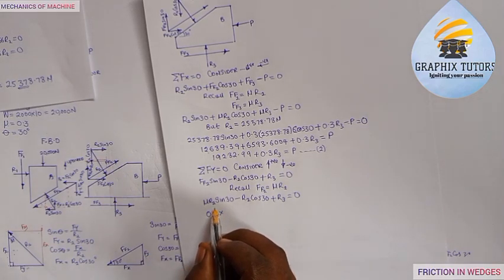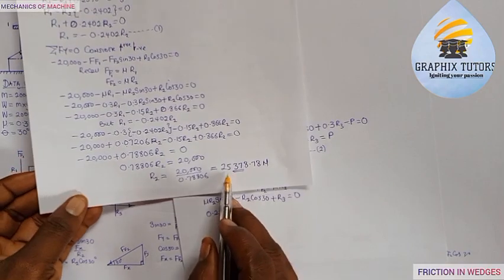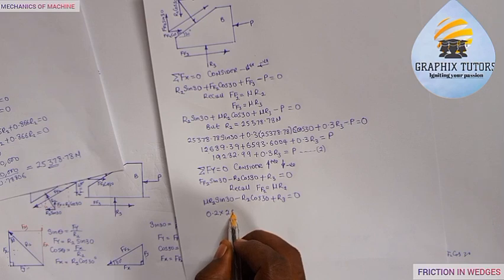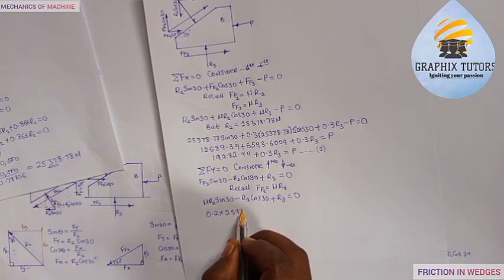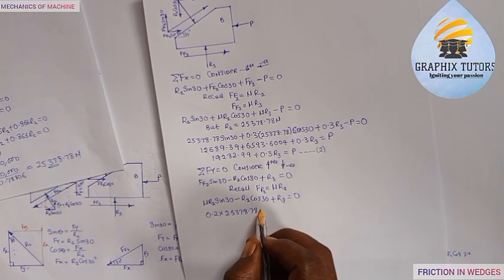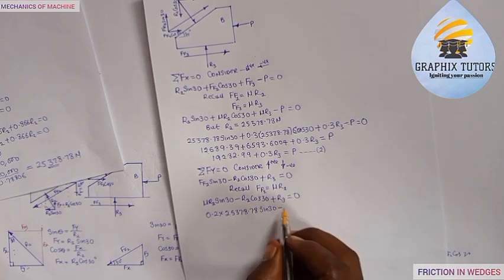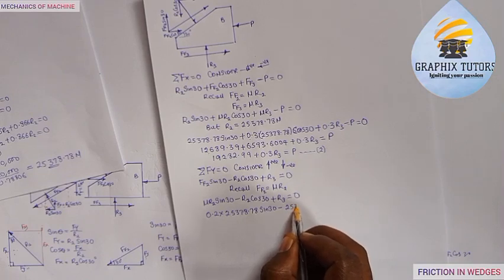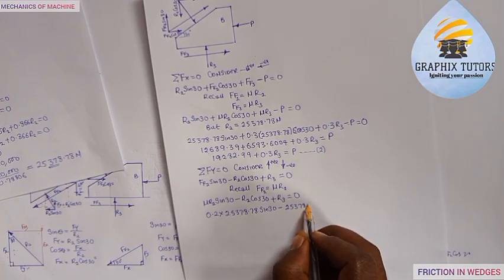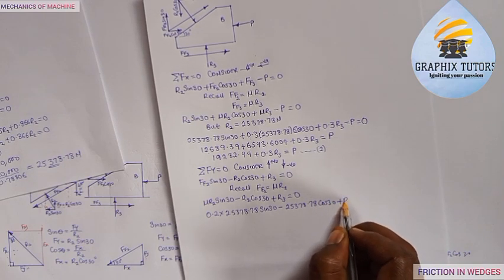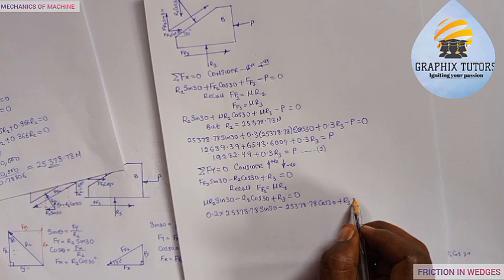R2 that I calculated here is given to be 25378. So we have 0.2 times 25378.78 sine 30, minus R2 again here will give me 25378.78 cos 30, plus R3 will be equals to 0.